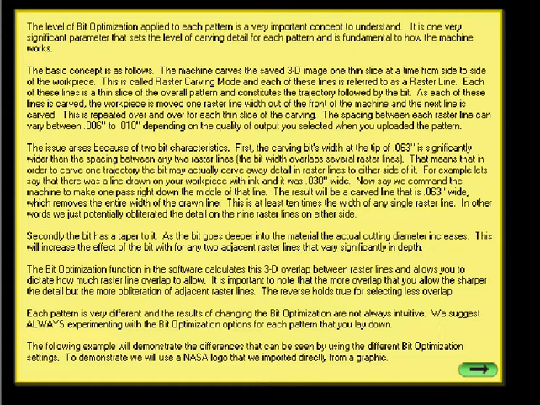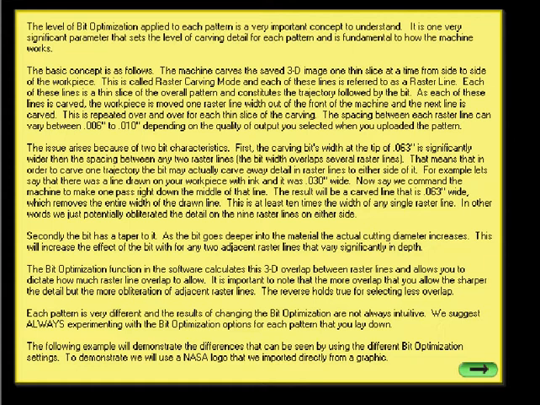Each of these lines is a thin slice of the overall pattern and constitutes the trajectory followed by the bit. As each of these lines is carved, the workpiece is moved one raster line width out of the front of the machine, and the next line is carved. This is repeated over and over for each thin slice of the carving.